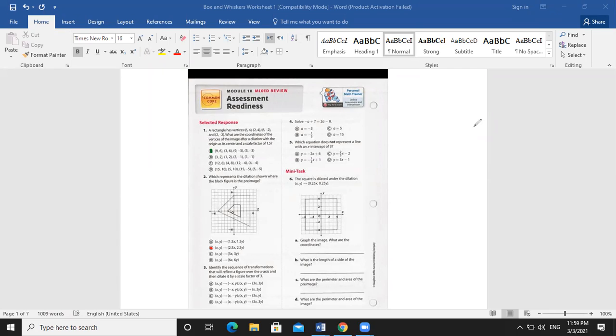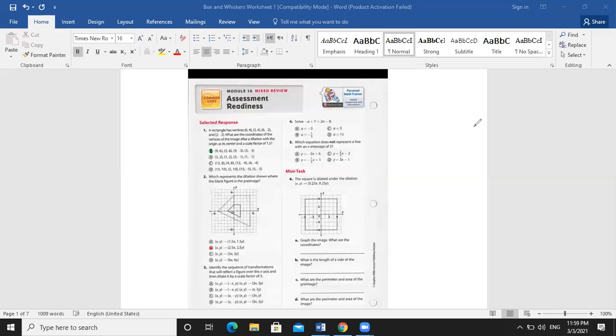Then we are going to choose the right answer. It depends on the next step. So the first step with C and D was correct, right? But we want to search about the second transformation. The second transformation is dilated by a scale factor 3. Then now the right answer will be which one? D. Thank you very much.